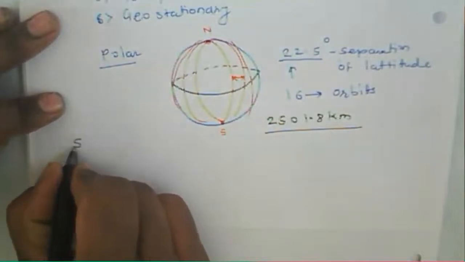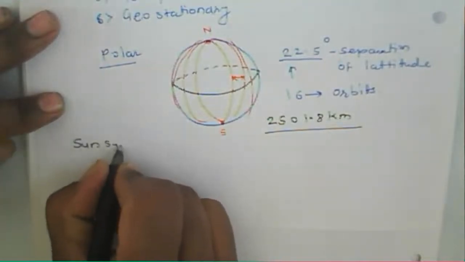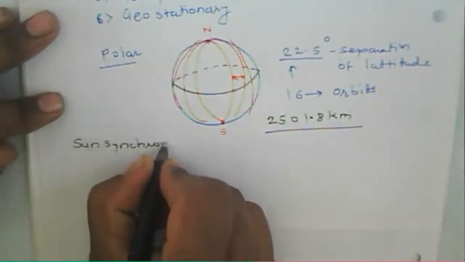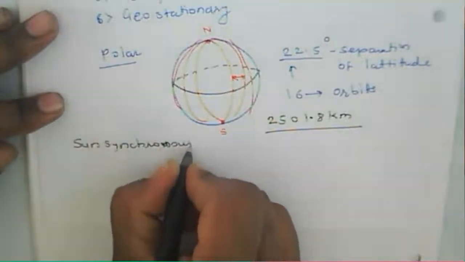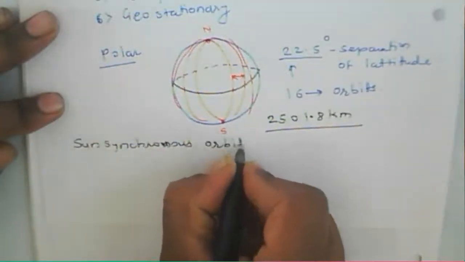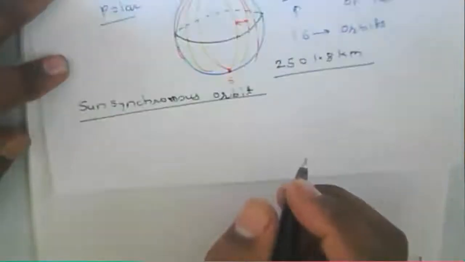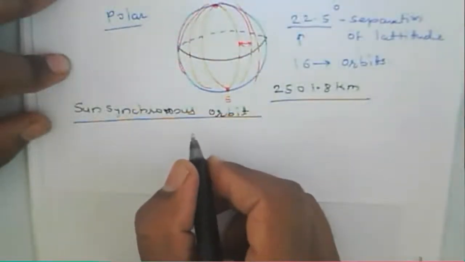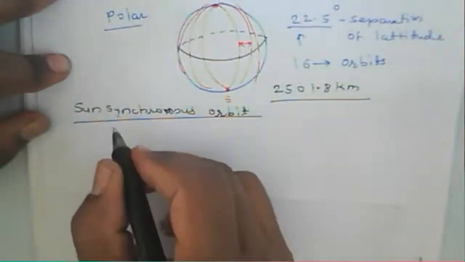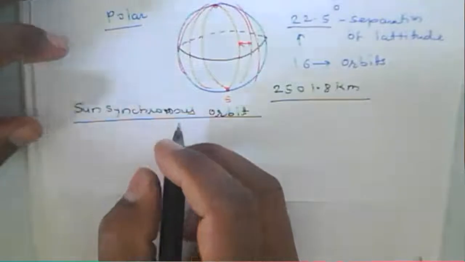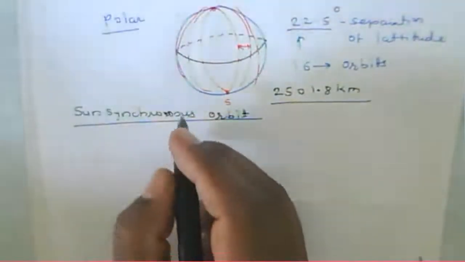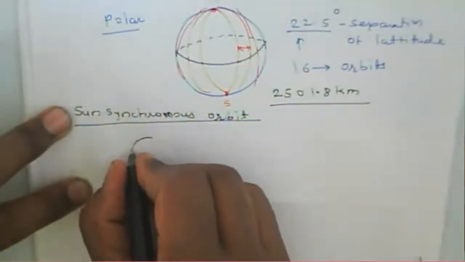Next, we see the sun synchronous orbit. In a sun synchronous orbit, the satellite scans the complete Earth.